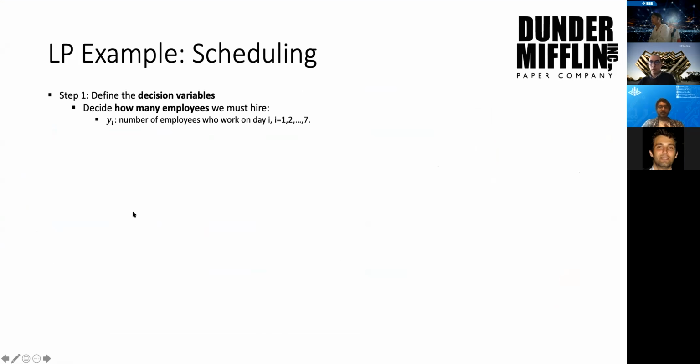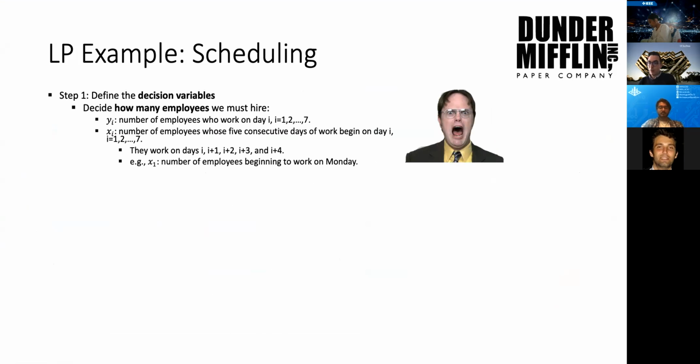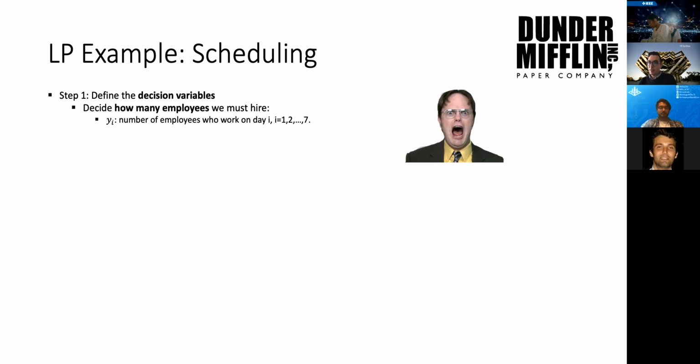If you do not have any, then as you remember, in our scheduling problem, our goal is to determine how many employees we should hire for each day. We mentioned that if we select the decision variable as the number of employees who work on day i from 1 to 7, then this might not be the right solution, since we cannot satisfy the constraint that each employee should work 5 consecutive days.